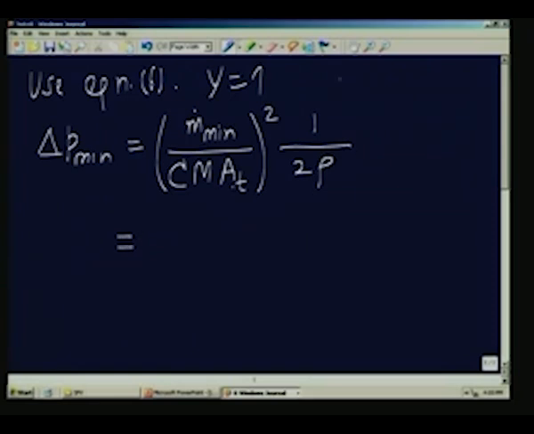A at the throat is the throat area, which is given by pi d squared by 4, and that happens to be 0.012 square meters.